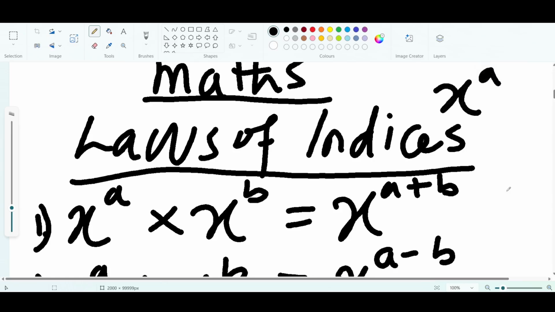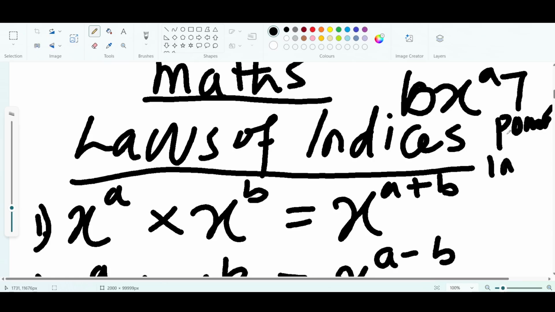When we look at something like this, if this is b, for instance, b raised to power a, we told you this one is called power or index. We call it power or we call it index.